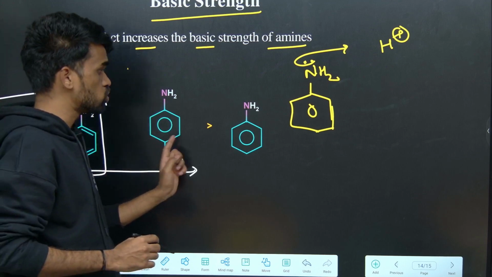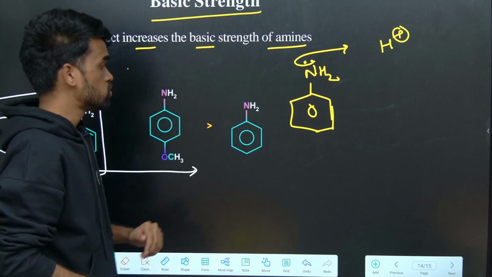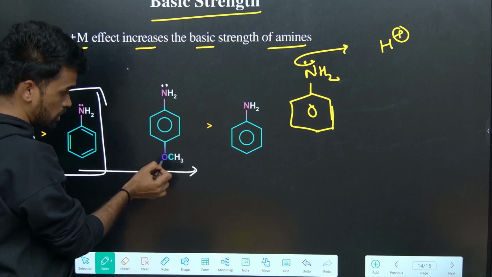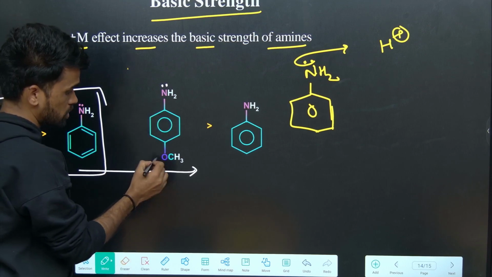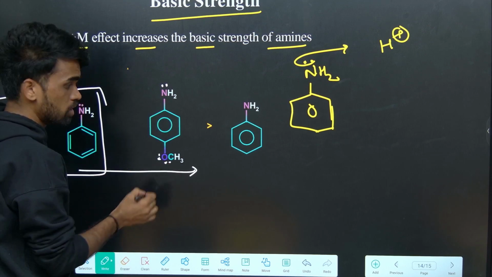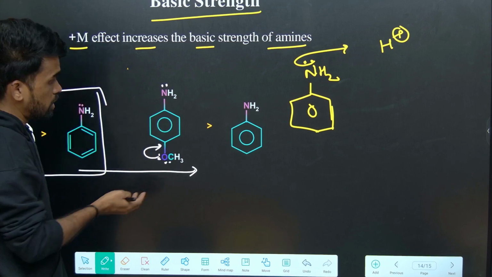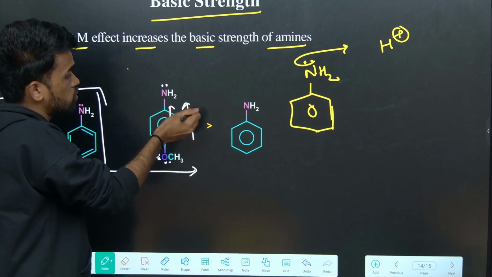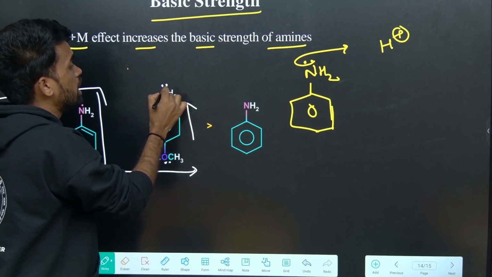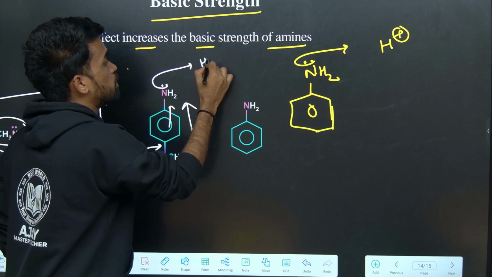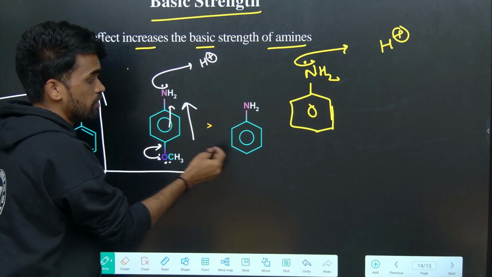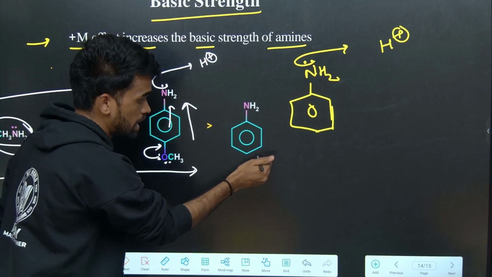When it comes to aromatic ones only, here we have an electron releasing group at the bottom, connected at the para position. See, this is a releasing group now, so it releases electrons into the ring. It means it is releasing electrons towards the amine group, therefore it will easily accept the H plus. It means it will have more basic nature when we compare with this, because there is no electron releasing group.